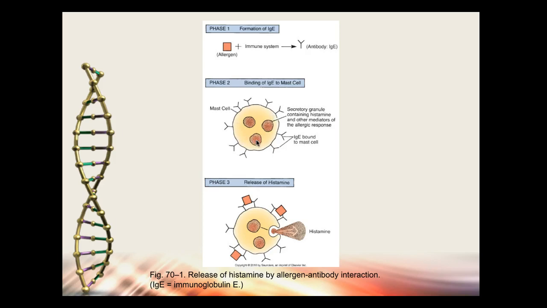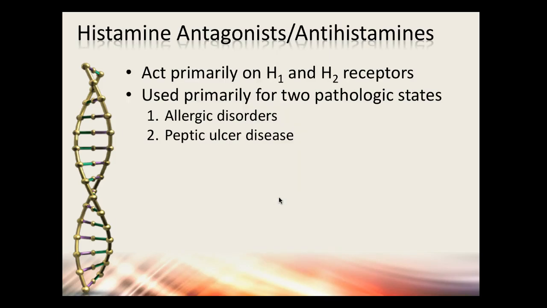So this is another picture of a mast cell. And these antibodies, there are IgE receptor sites under each antibody because it goes and sticks to these sites. And the IgE is bound to the mast cell, that's what I said. Okay, and I said these are the histamine, and then phase three of it, it releases the histamine, and then gives you all those awful symptoms.